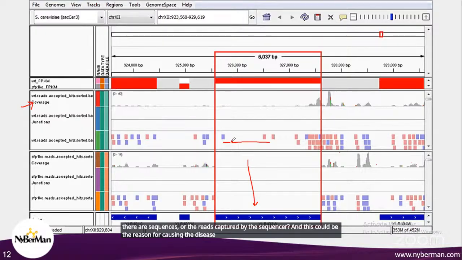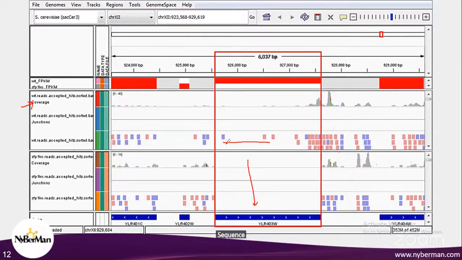So this is not the only reason, but this could be a reason. Okay, like in the previous slide, we saw that an ATGC sequence is altered into just adenine, just A, or maybe just AT.